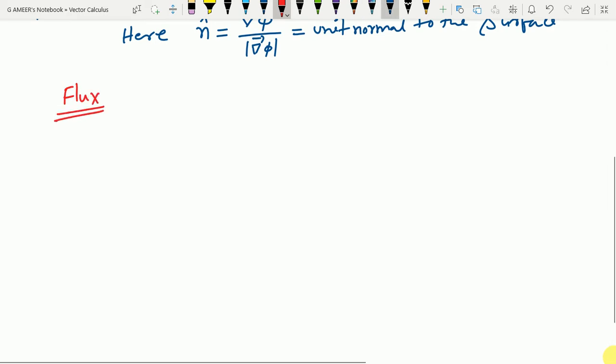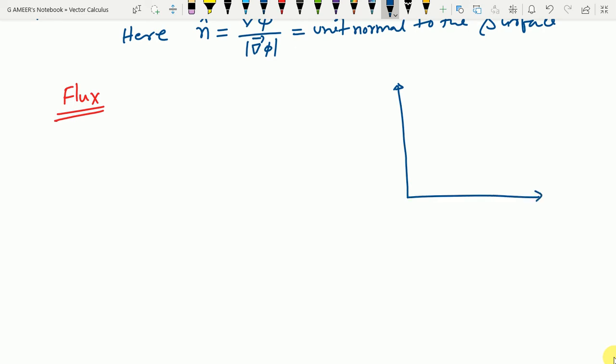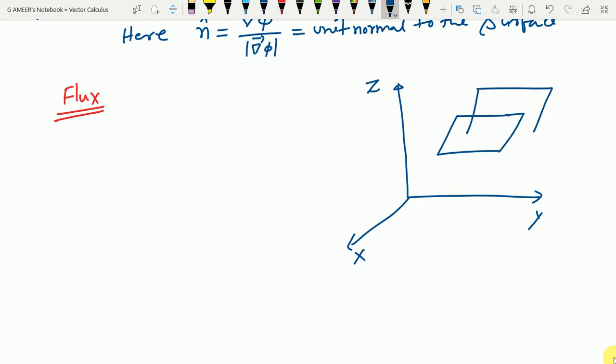Let's say I have a closed surface, with x-axis, y-axis, z-axis. Let us say I have any closed surface. It may be in the form of a cube or whatever it may be. That surface must be closed.